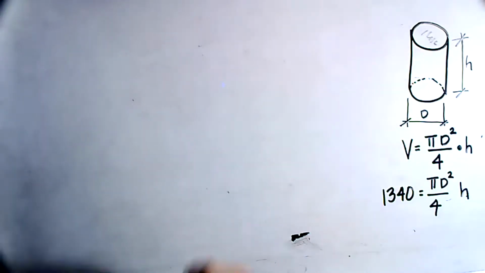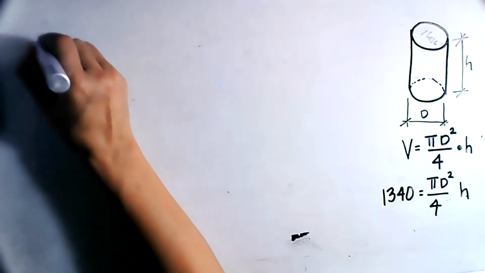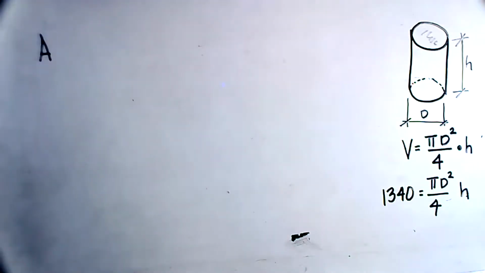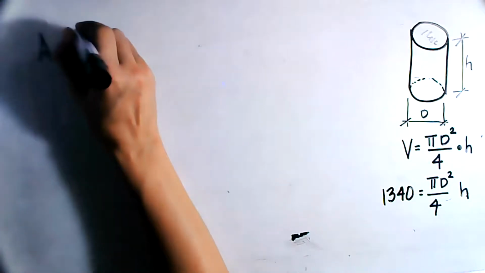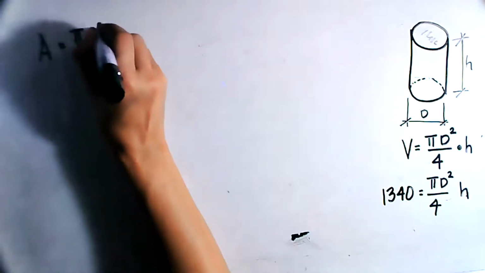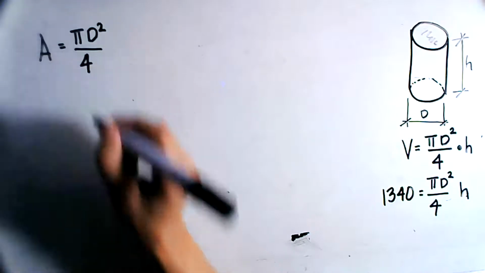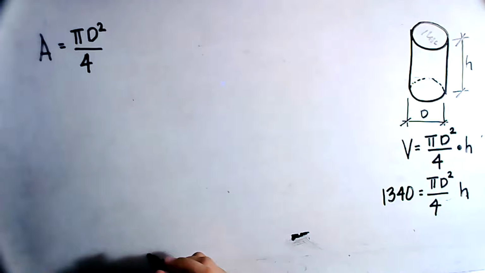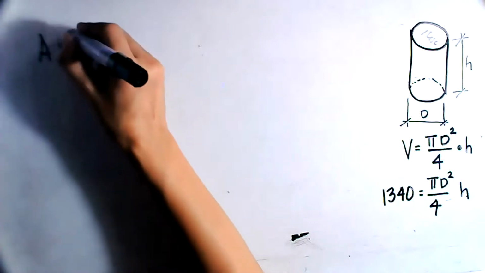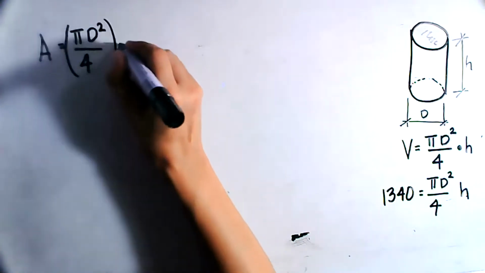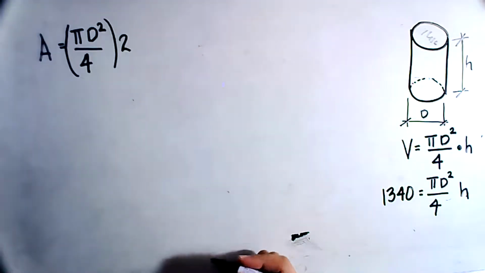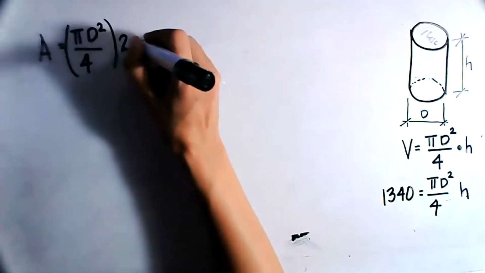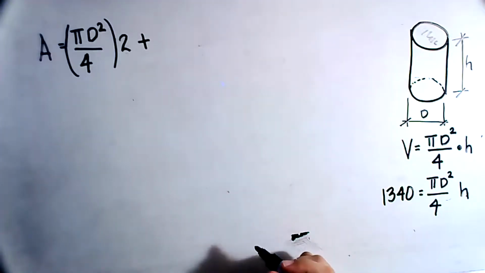The area of the base, the formula for the area, is equal to pi d squared over 4. That was the formula for the area of a circle. Since we have two bases here, we are going to multiply it by 2. And because we are looking for the total area of the section, we have to add the lateral surface area.